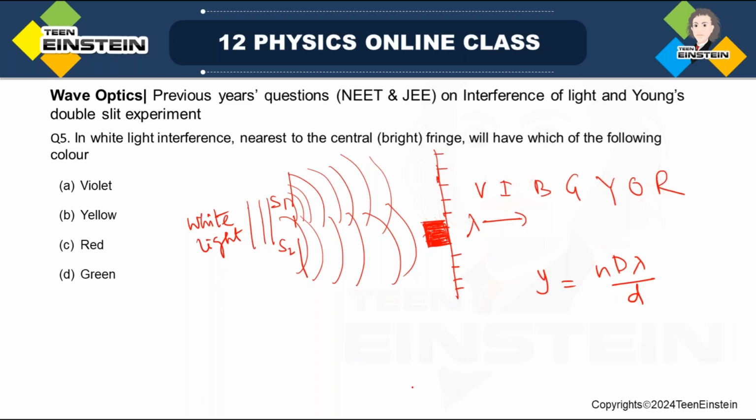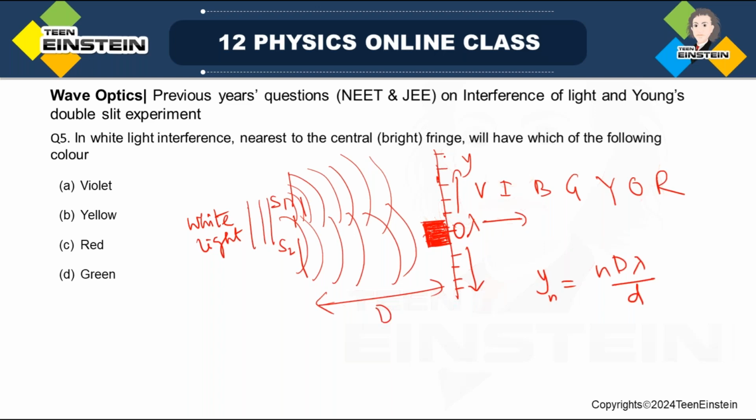This is the position of the fringes from the central bright fringe, on both sides. n is the order of the fringe, capital D is the distance between the slits and the screen, small d is the separation between the slits, and lambda is the wavelength we use.